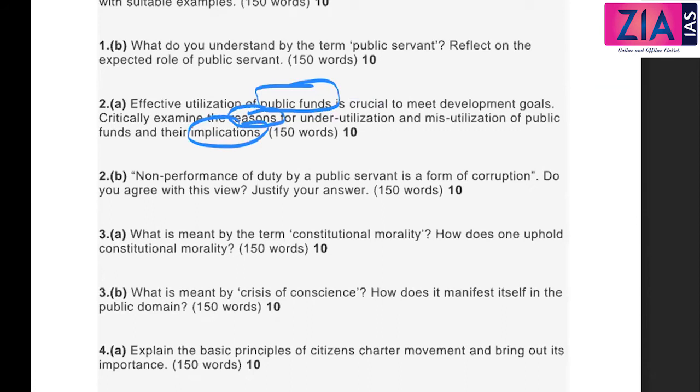Okay, so what could be the reasons? What else can you add here? Can we add corruption here? Corruption you can add. Technical reasons, technical know-how you can write, or lack of knowledge, technical aspect, knowledge, expertise.